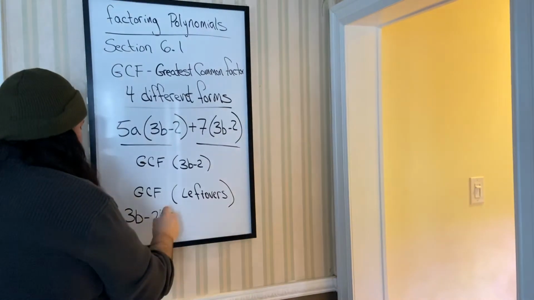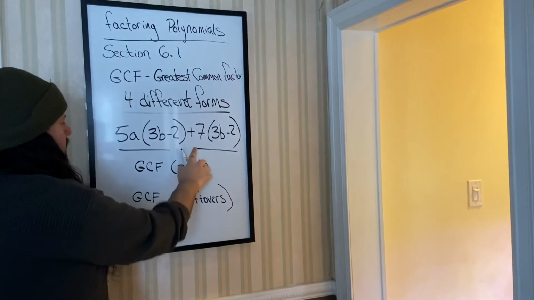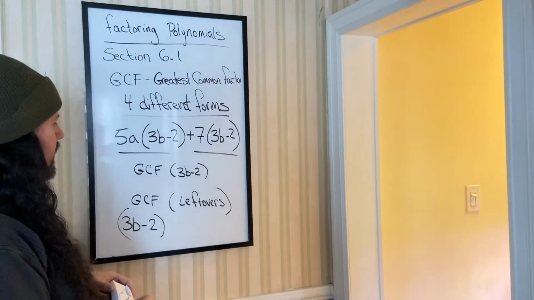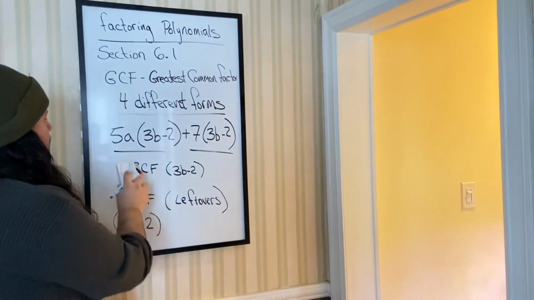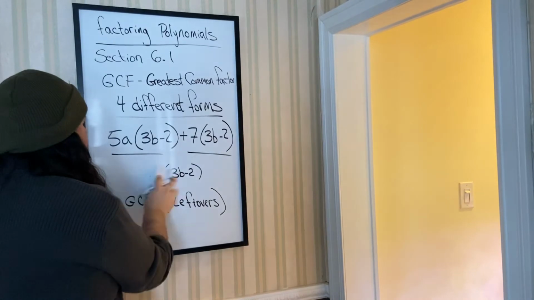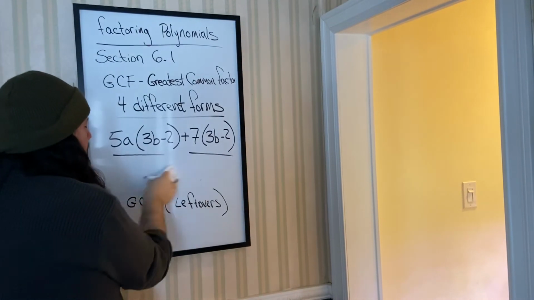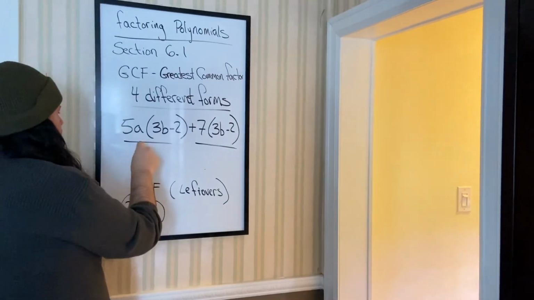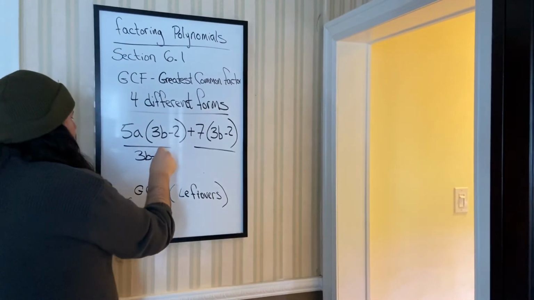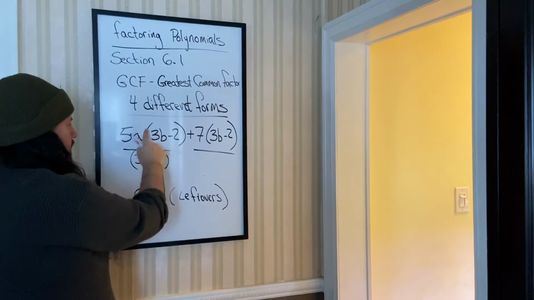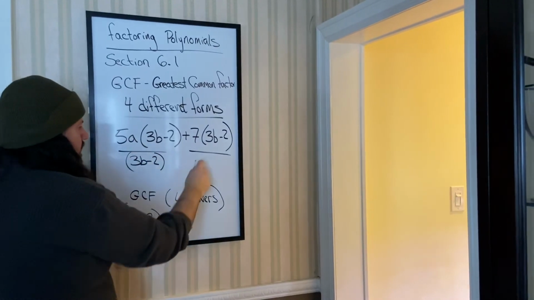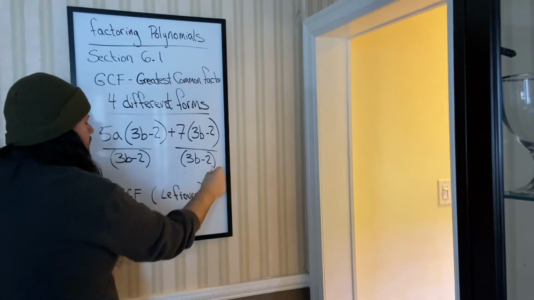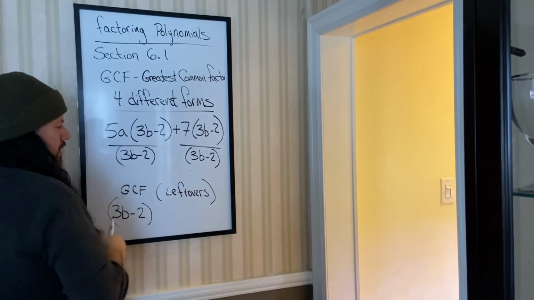Even though we have two of the parentheses, you're just going to put it as one item, the GCF. To get the leftovers, what you're going to do is take each term that we have in the polynomial and divide it by the GCF. So I put 3b minus 2, divide for this term, and also divide it by this term. What I mean by division, we can just use a fraction bar.